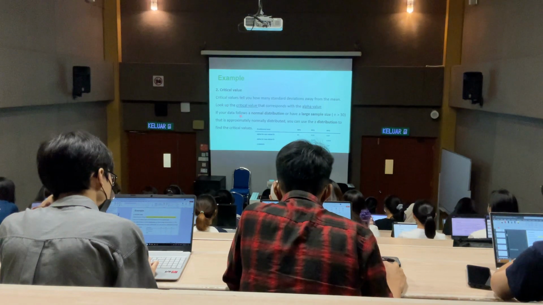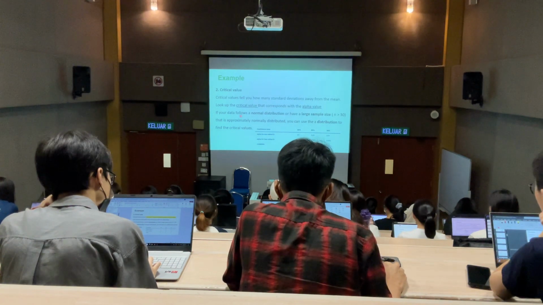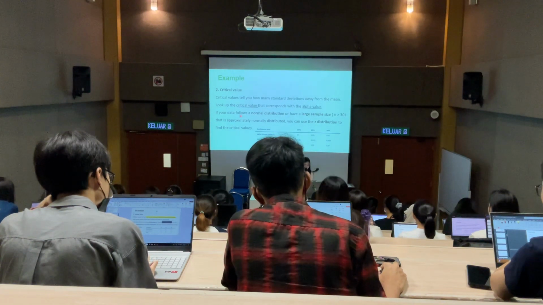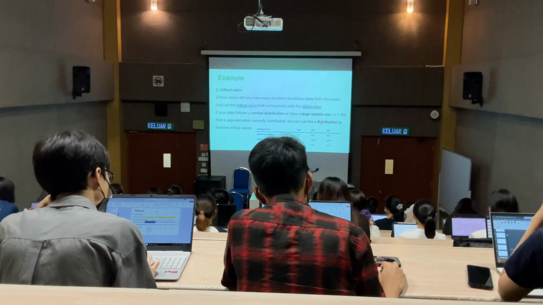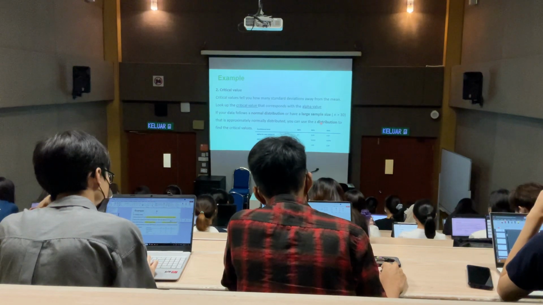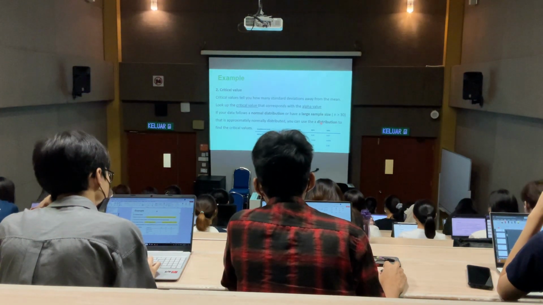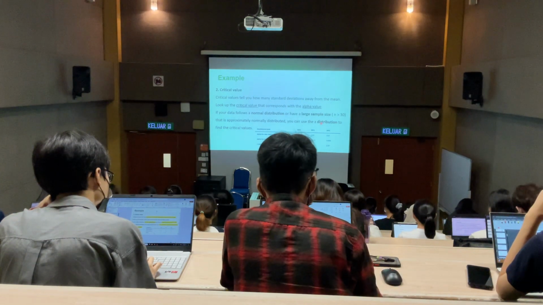Do you all remember the central limit theorem? When you have large enough of sample size, your data will always be normally distributed. And then for that, you must perform the z-test. Z-test is the one that we did, the exercise that we did during the tutorial, right? What's z-test? Z-test is only one of the statistical tests.